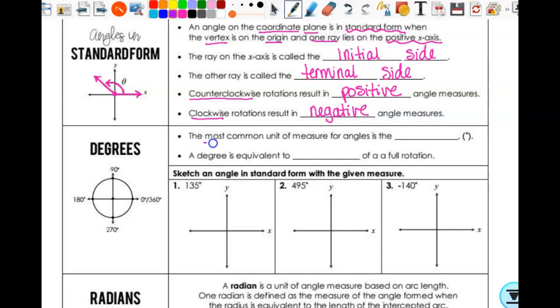The most common measure for angles is the degree. Been dealing with degrees for a long, long time. How many degrees are in a full rotation of a circle? 360. Okay, so a degree, 1 degree, is equivalent to 1/360th of a full rotation.